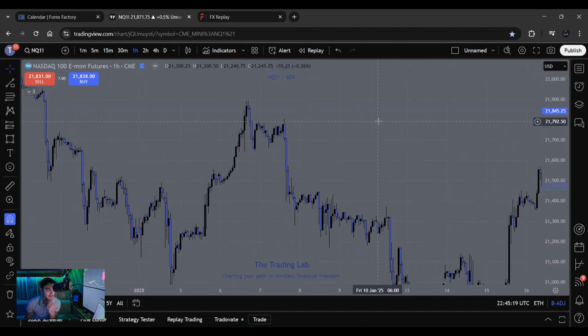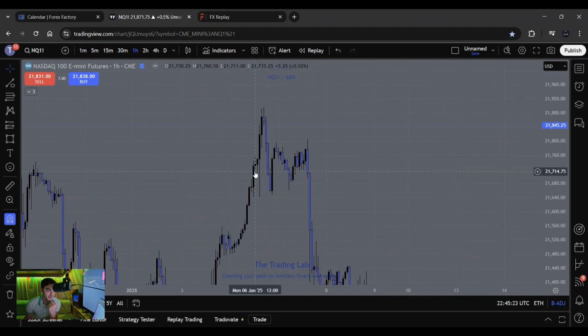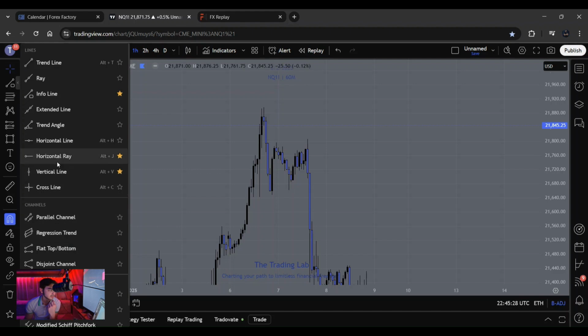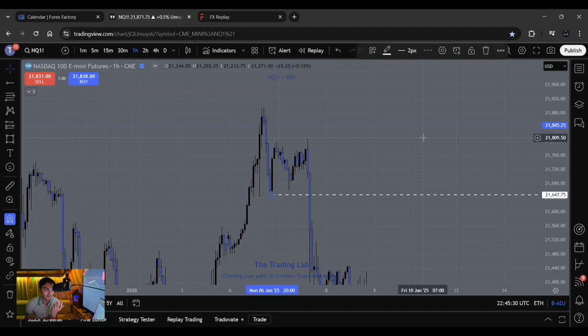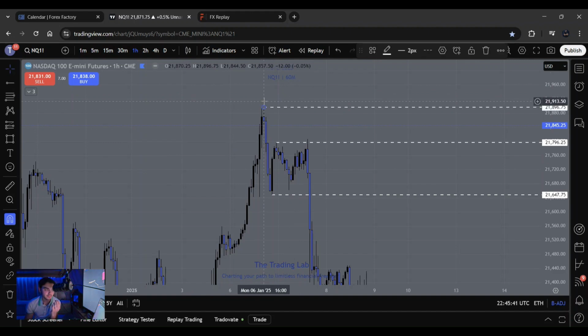So, if we look on the chart here, we can clearly see we have move up, move down. So this candle here would be our low. Then we have another move up. This is our high. Sorry, I forgot to mention the high here is also a high.